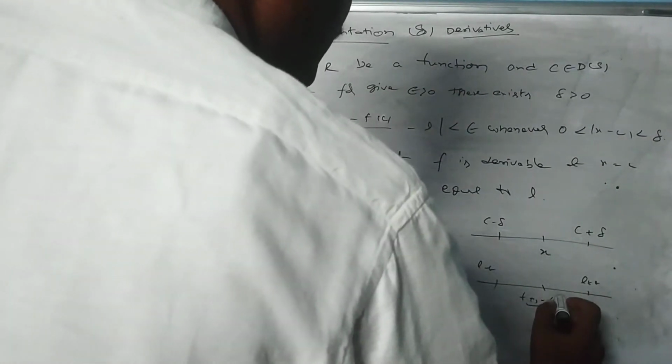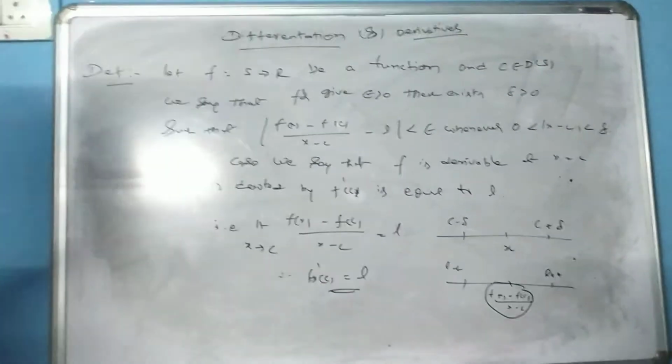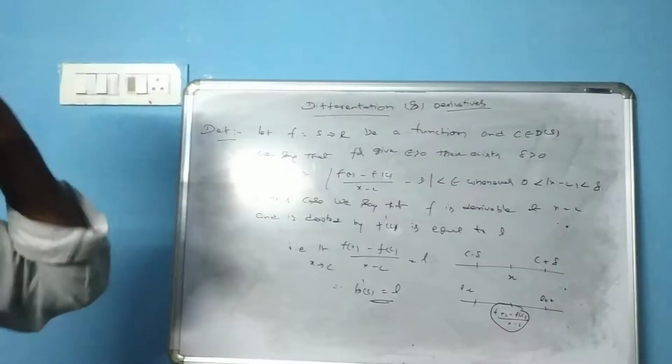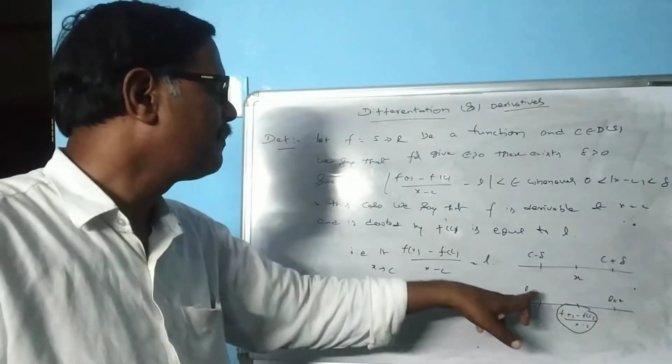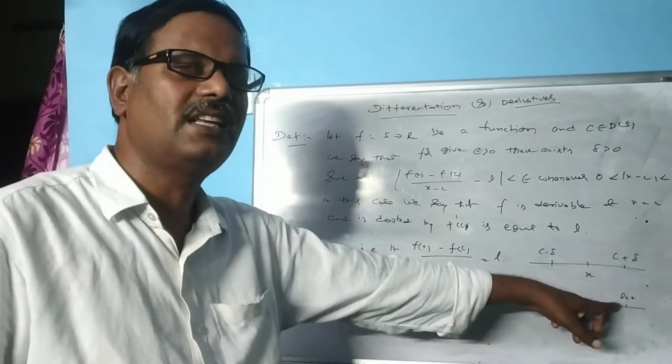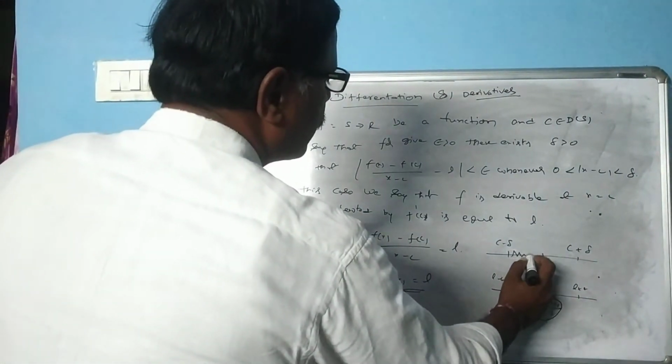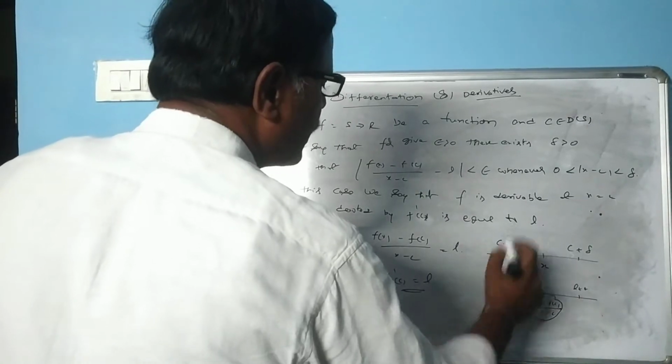This is the slope of the tangent, the secant. If it is in the neighborhood of L, then f(x) must be in this neighborhood.